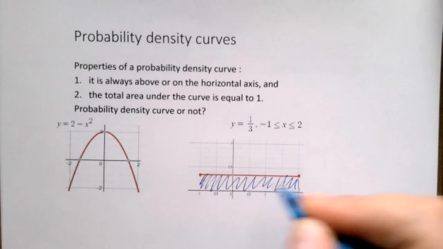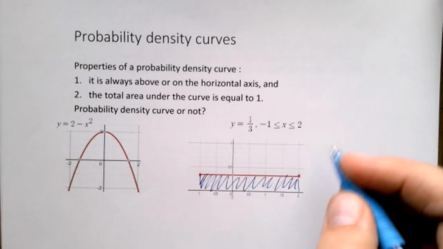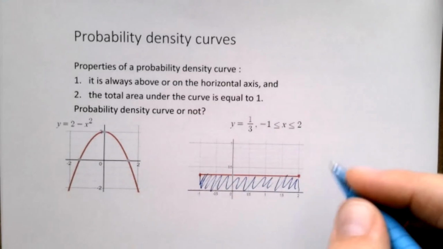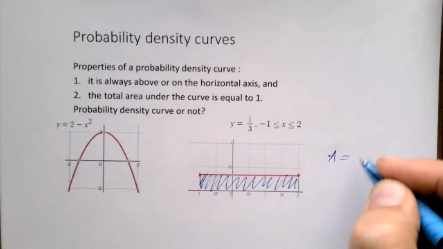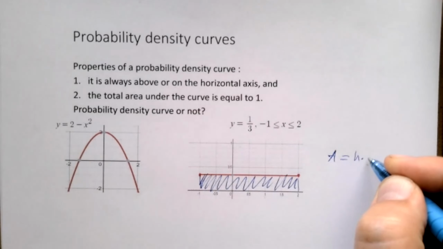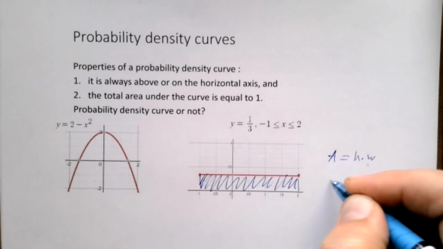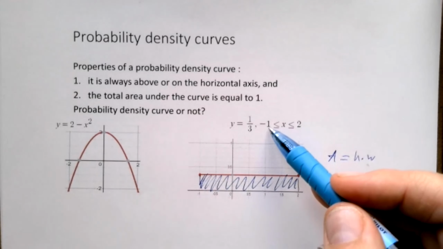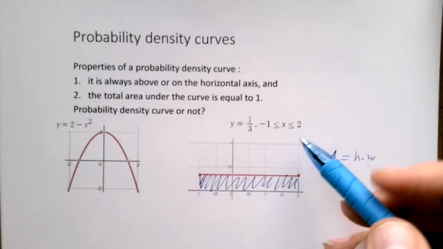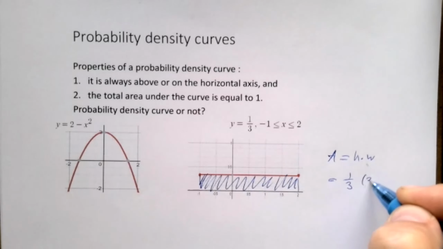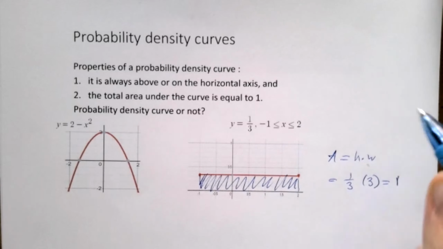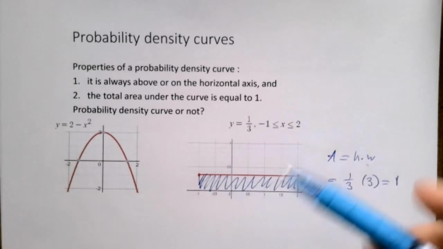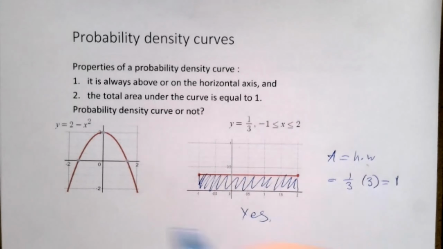This is a rectangle whose height is 1/3, right? So the area is height times width, and the height is 1/3, and the width is from -1 to 2. So again, we have 3 units. So that's a 1. So it satisfies the second requirement. Therefore, yes, it is a density curve.